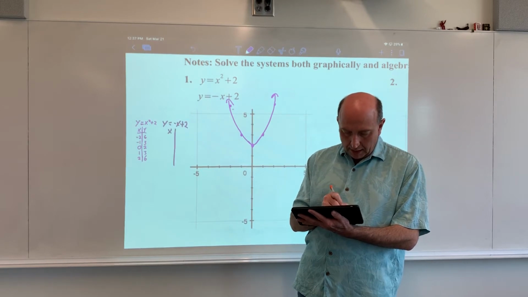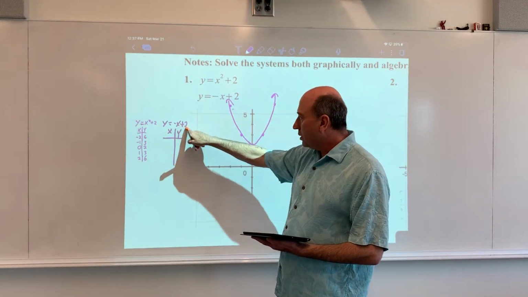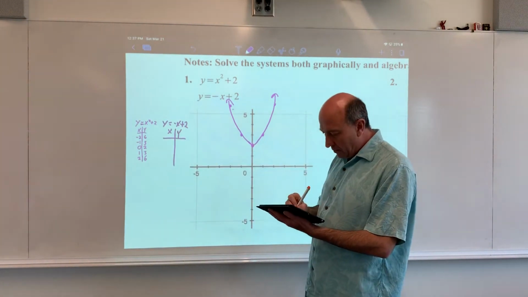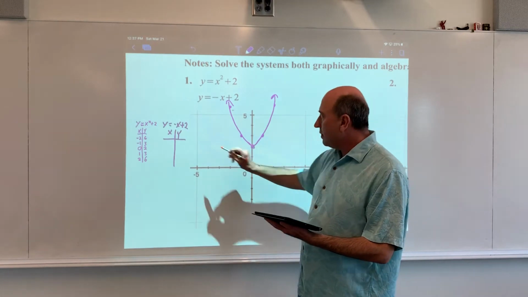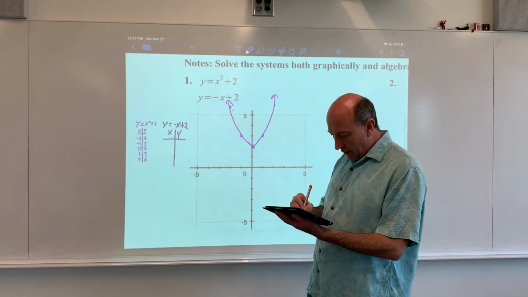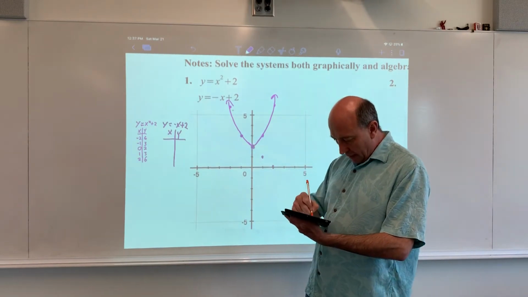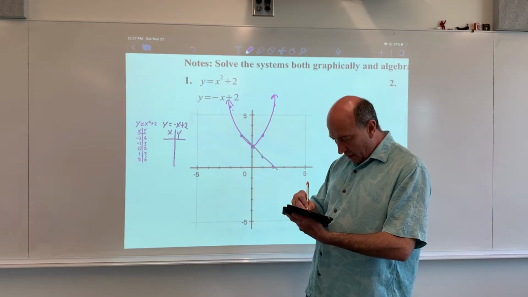Okay, I can make a table for this. Wait a second. Negative x plus 2, the 2 is my y-intercept. That's right there. And then negative means my slope is negative 1, down 1 over 1. Down 1 over 1, down 1 over 1, up 1, back 1 is right here.